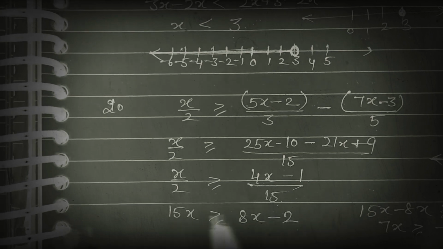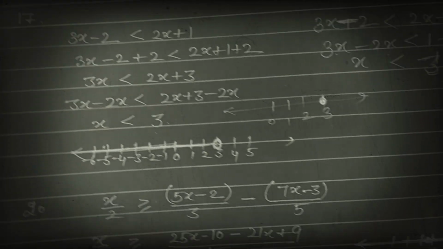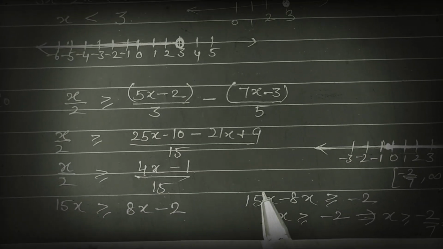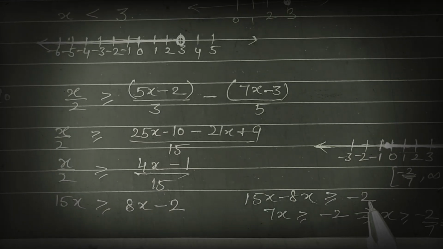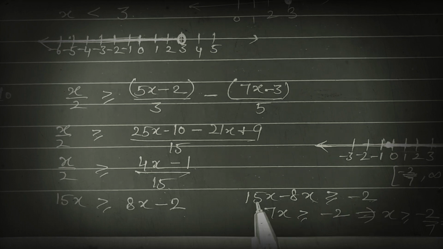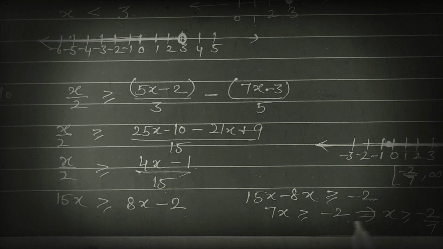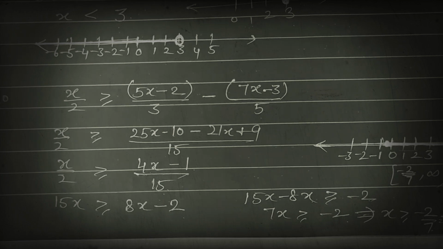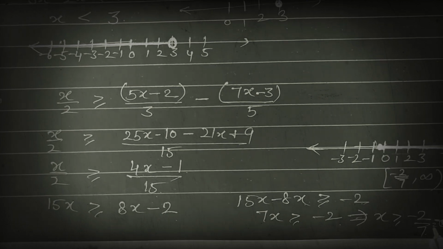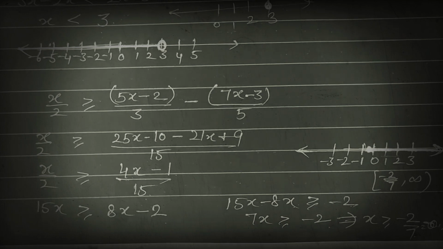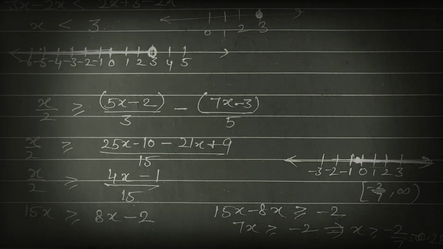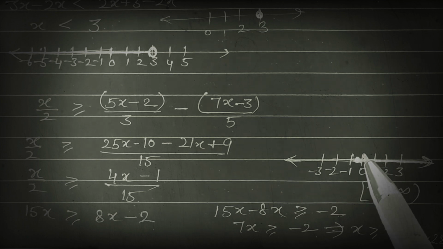Then take the x terms on one side. So it is 15x minus 8x is greater than or equal to minus 2. So 7x is greater than or equal to minus 2. So x is greater than or equal to minus 2 by 7. That means minus 0.28. So its value is greater than minus 0.28, nearest to 0.